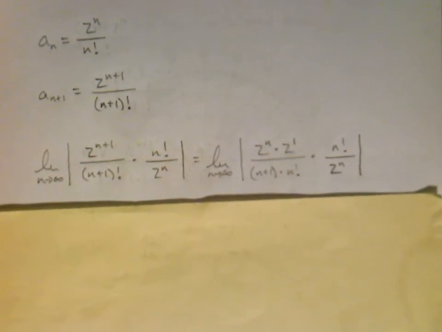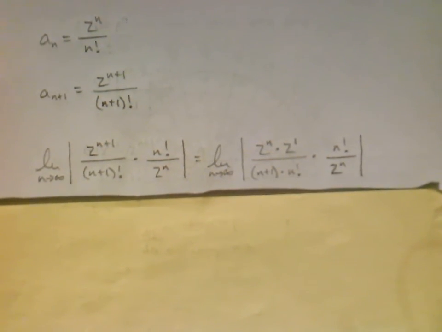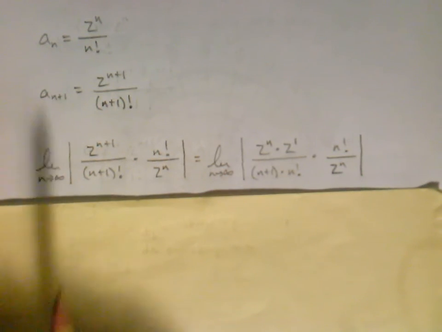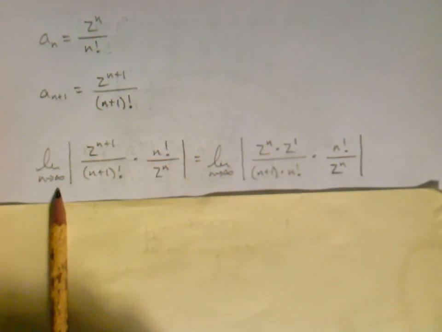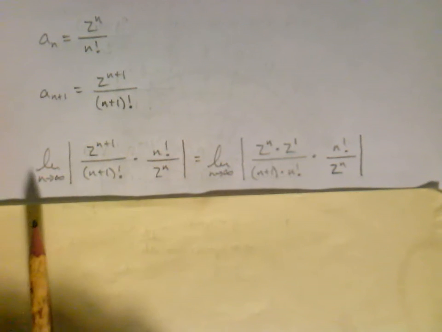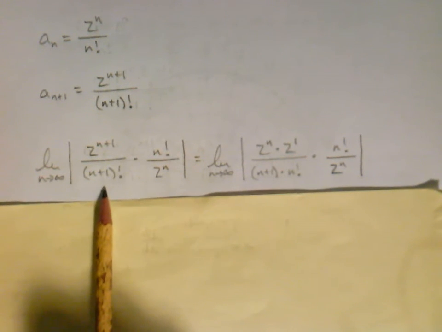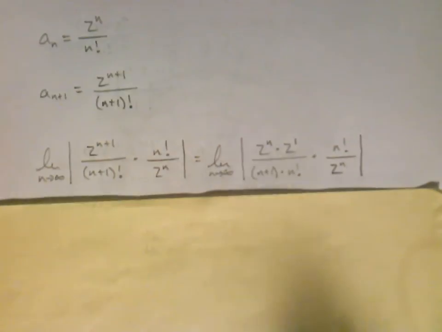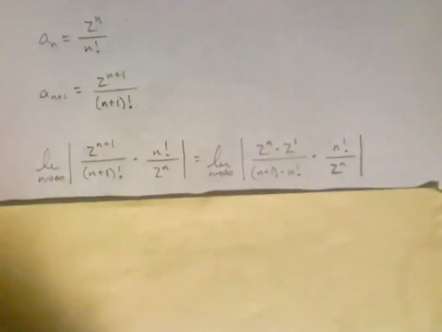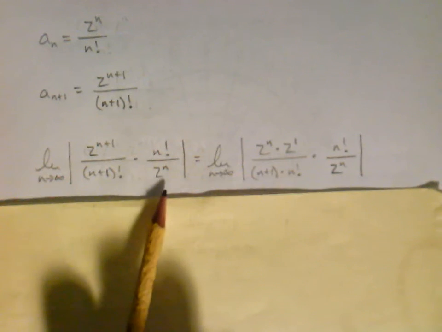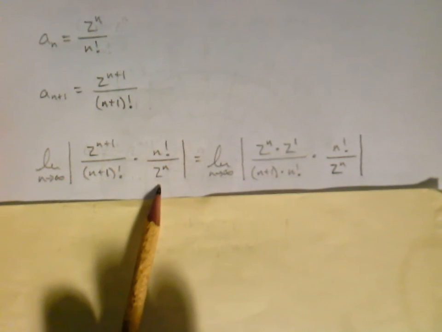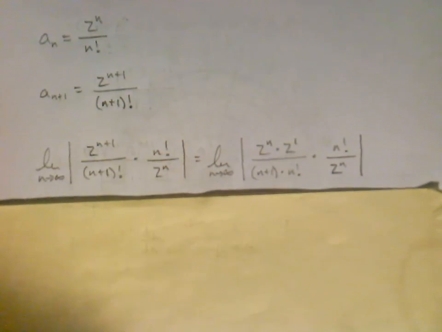Okay. Here we go. So I've got the limit as n goes to infinity, the absolute value. I've got the n plus 1 term, 2 to the n plus 1 over n plus 1 factorial. And I'll go ahead and just flip the a_n term, n factorial over 2 to the n.